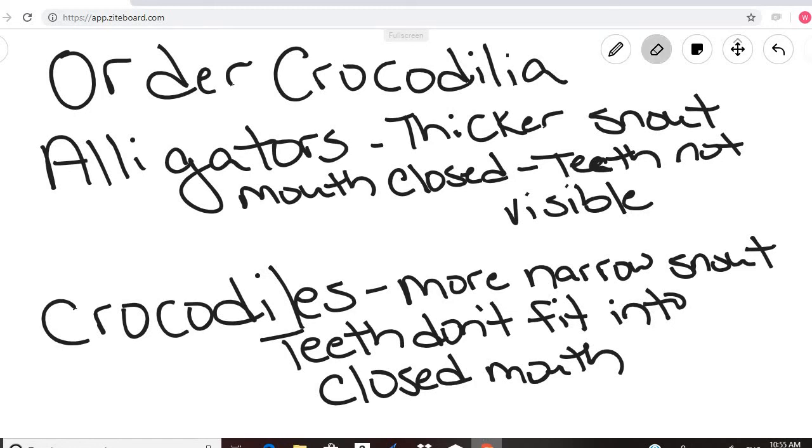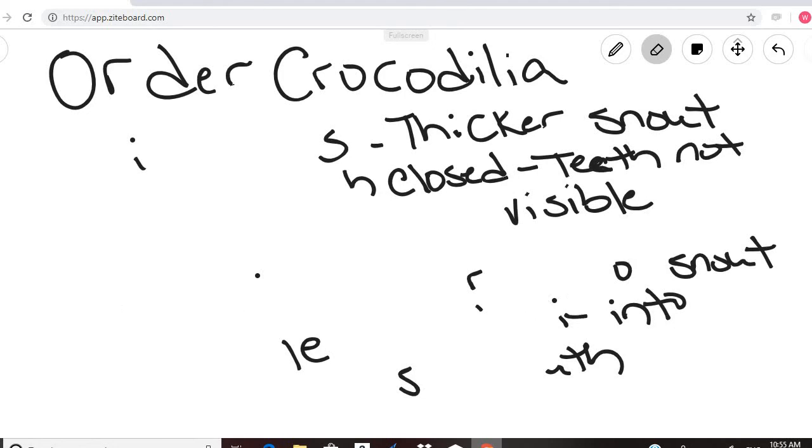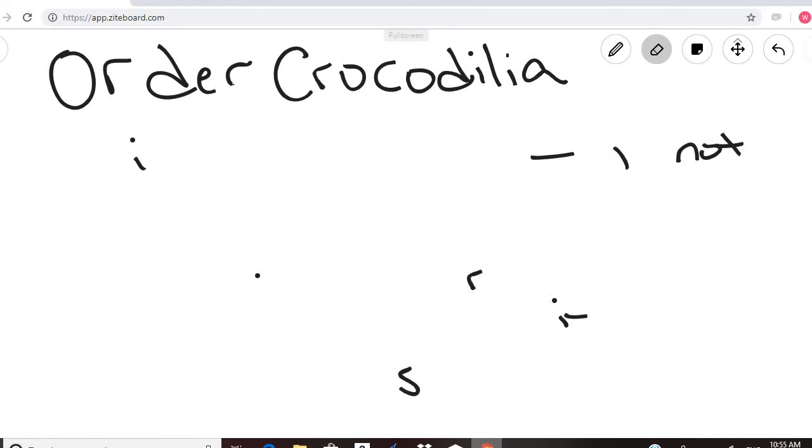Both the alligator and the crocodile have their eyes and their nostrils on top of their heads.